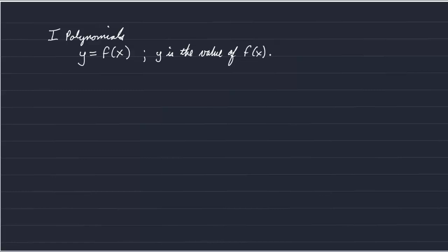Okay, so the first type of function is polynomials. And actually, before we get into polynomials, let's just talk about the situation where we have y being a general function of x. So in other words, y is the value of that function evaluated at point x.